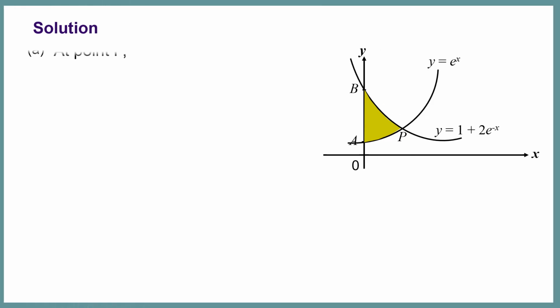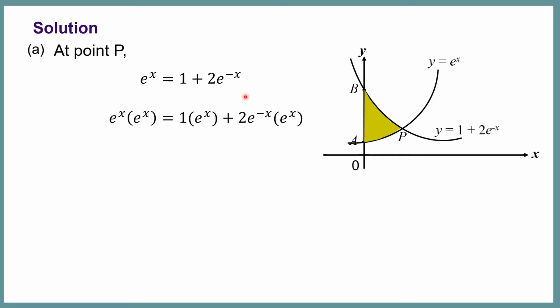At point P, e to the power of x is the same as 1 plus 2 multiplied by e to the power of negative x. Multiplying both sides of the equation by e to the power of x. Simplifying, we have e to the power of 2x minus e to the power of x minus 2 equal 0.